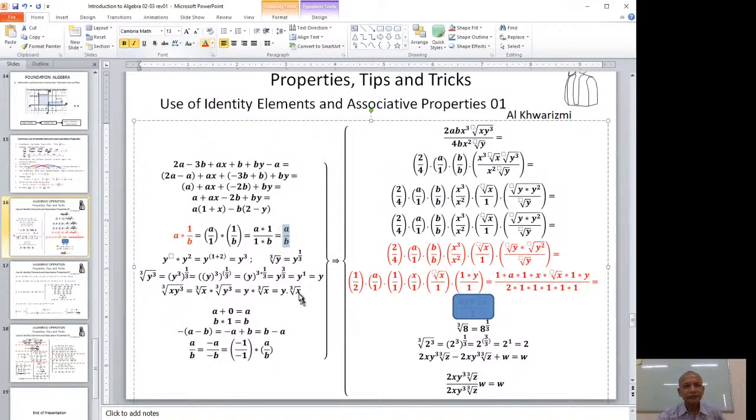So 1 times 1 over b means a over b. Here, see? We don't write 1 here.